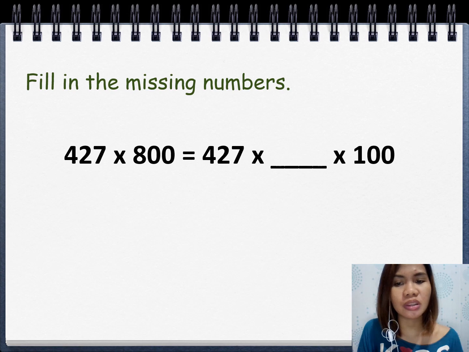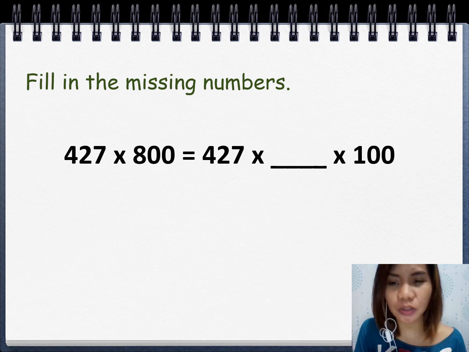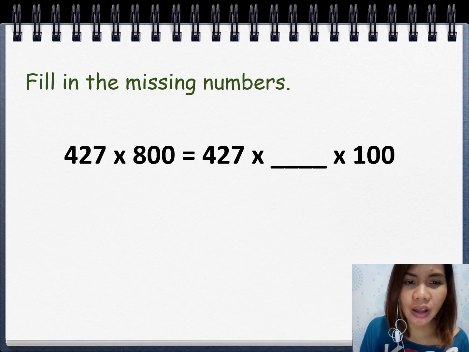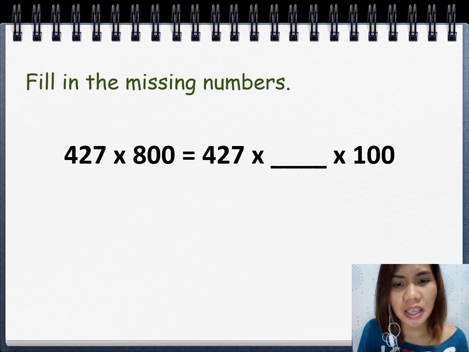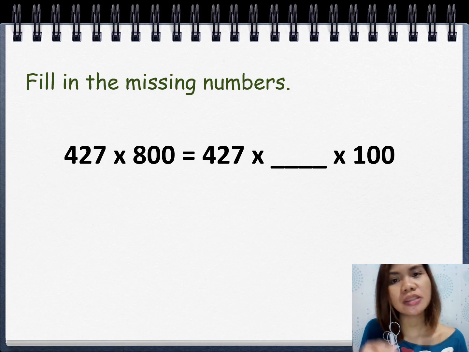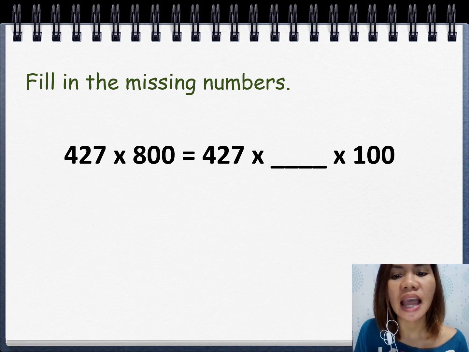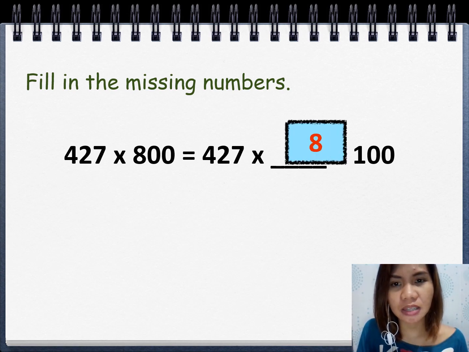Next, what about this one? I think you now have an idea what the missing number is. So 427 times 800 is just the same as 427 times 8 times 100.